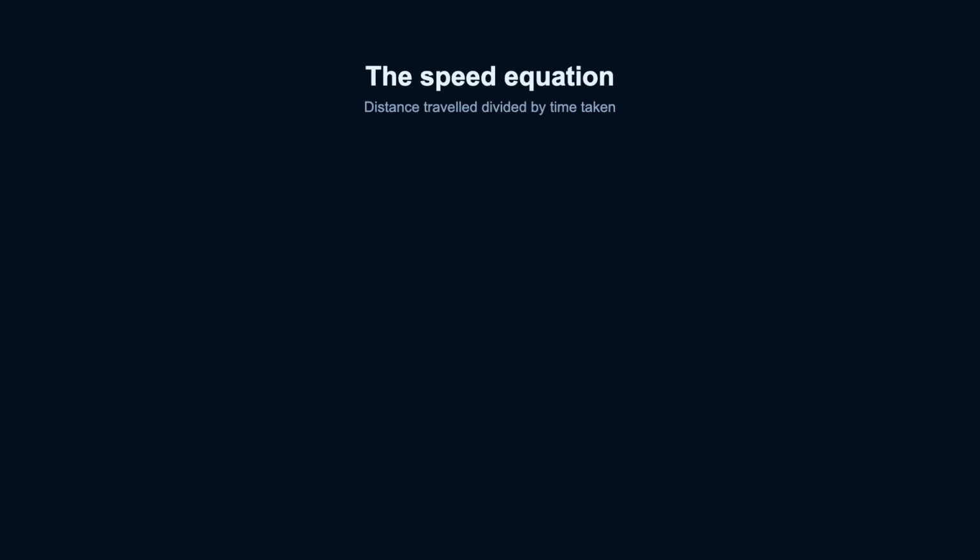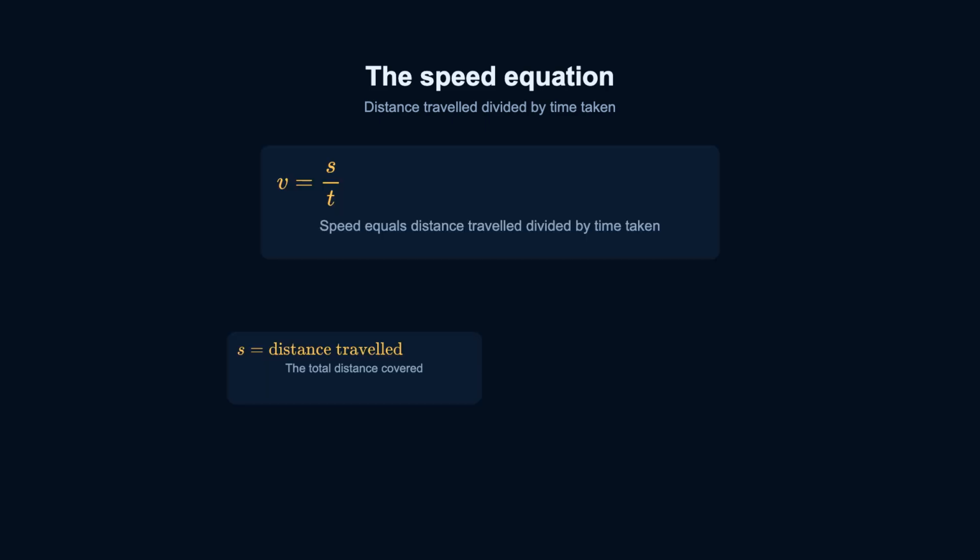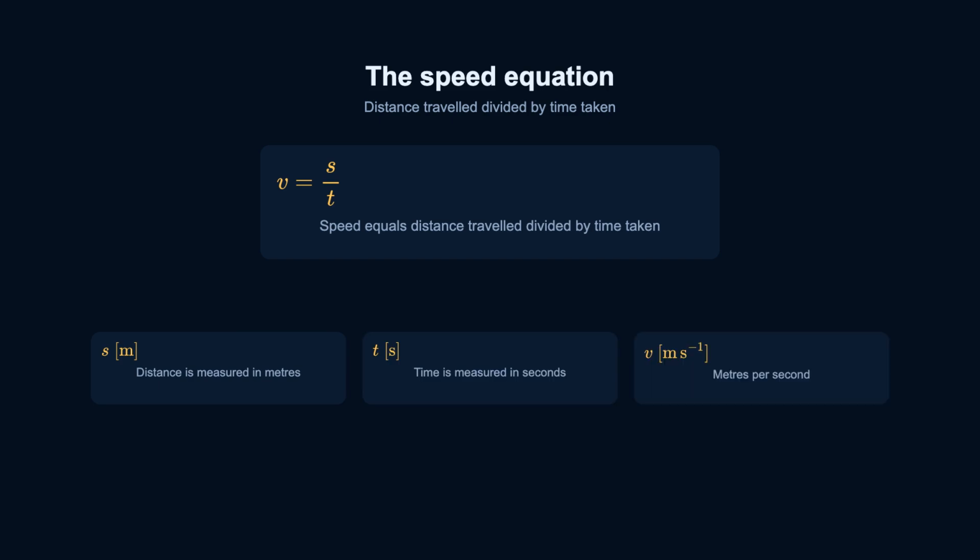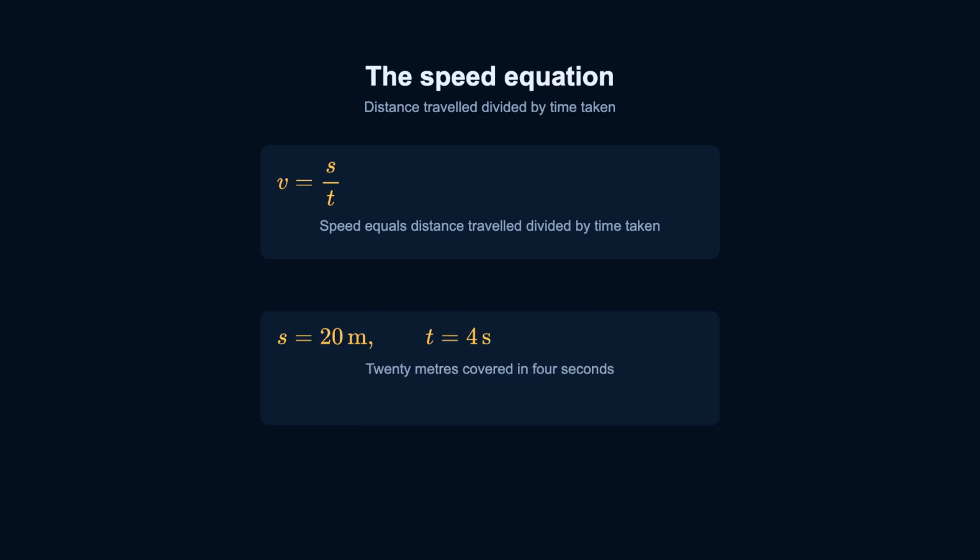Let's turn that observation into a formal equation. Speed, v, equals distance traveled, s, divided by time taken, t. So v equals s over t. Here, s is measured in meters, t in seconds, and v comes out in meters per second.